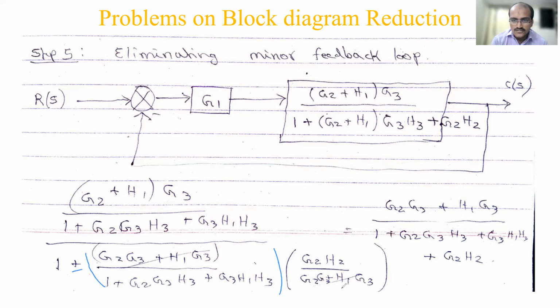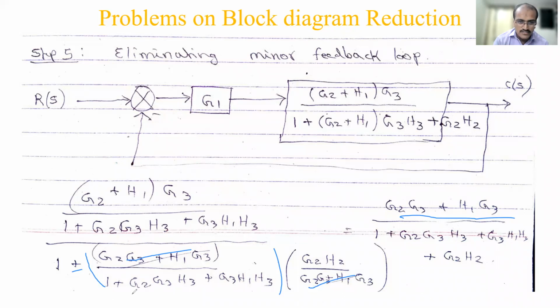Okay, so this term and this term are cancelled out here, and you have to take the LCM here. So the LCM is taken. So it is multiplied here, in the numerator. So G2 into G3 plus H1 into G3, it is separated out in brackets, divided by the LCM. So not considering this, directly come to here.